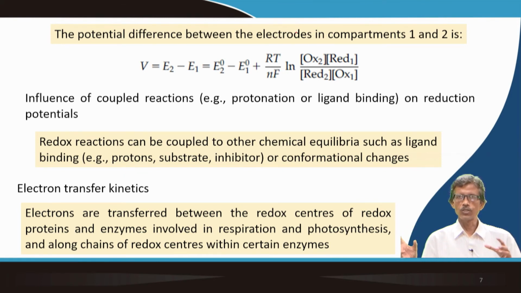But this oxygen is not directly attached to your glucose molecule to burn it. We have to have some separation between the oxygen and the glucose. So, you have a chain of redox centers within certain enzymes or metalloproteins, and it can go stepwise for the electron transfer reaction. That means many mediators will be involved there.